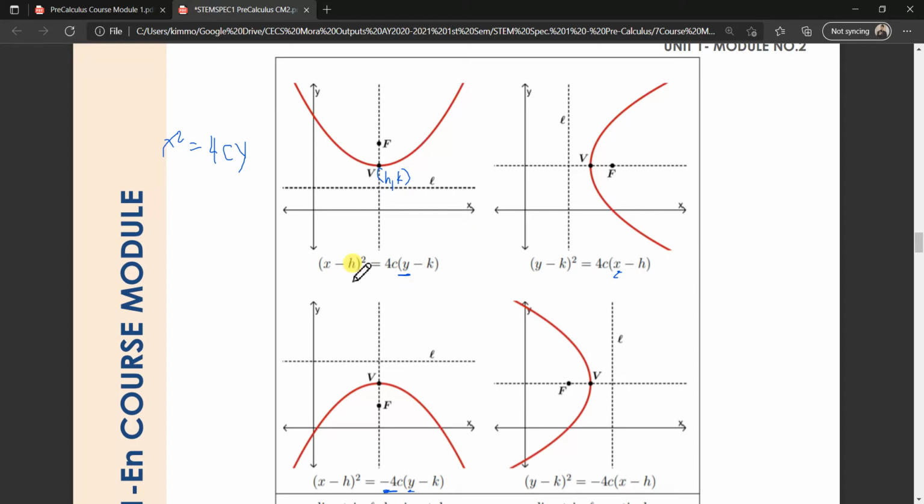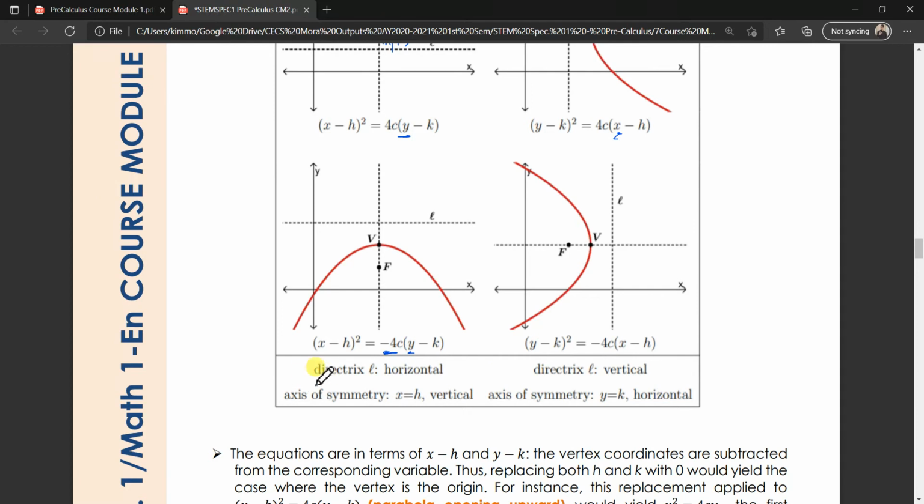Okay? So again, the square part of the equation is indicated by our directrix. If it is horizontal, x is squared; if vertical, y is squared. So here, directrix L is horizontal.